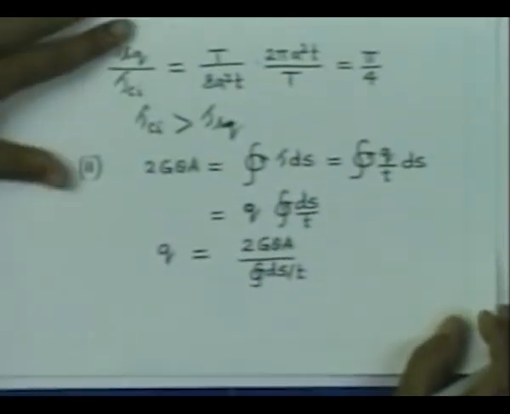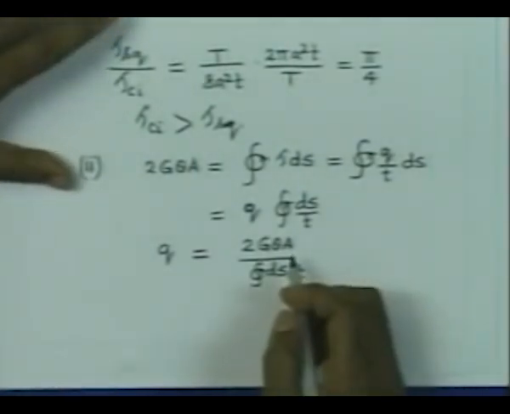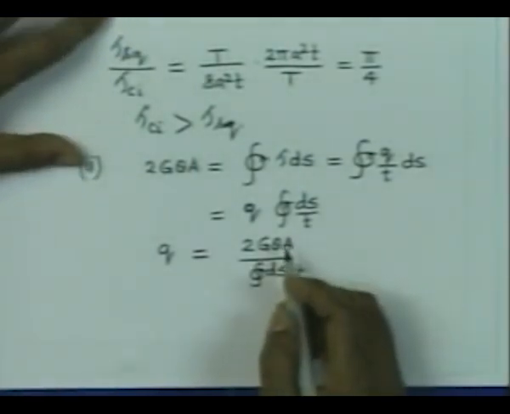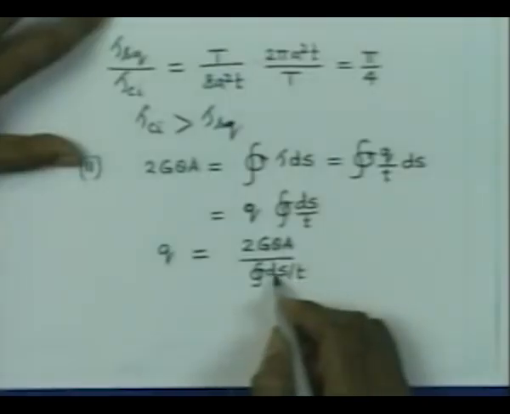You can now substitute the value. A is given by 4a square in the case of the square, and in the case of the circle it is pi a square, and the circumference is 8a in the case of the square, and it is 2 pi a in the case of the circle.